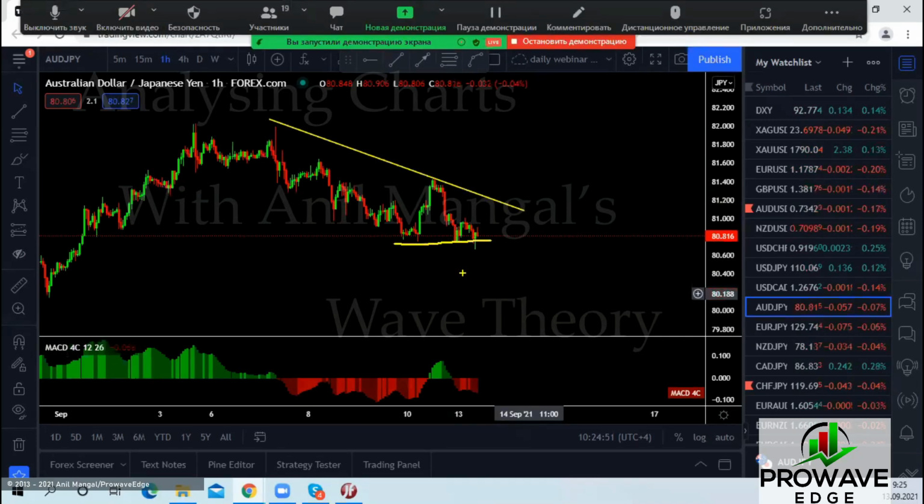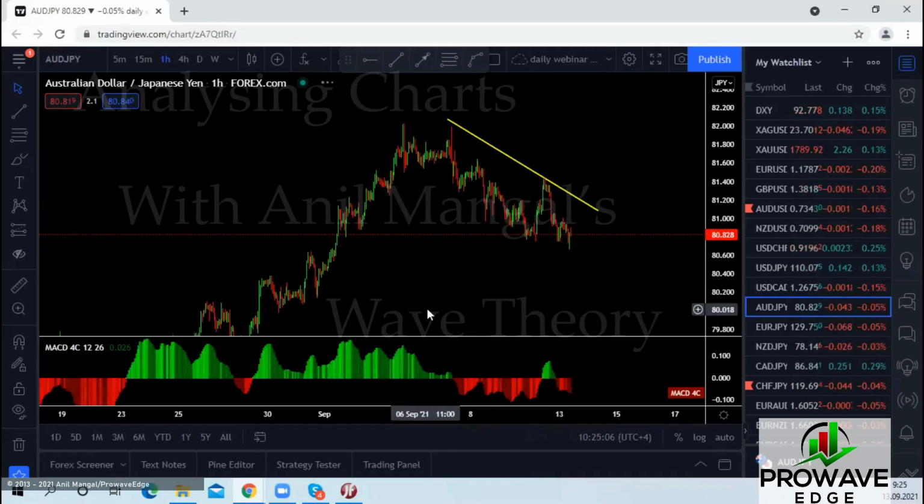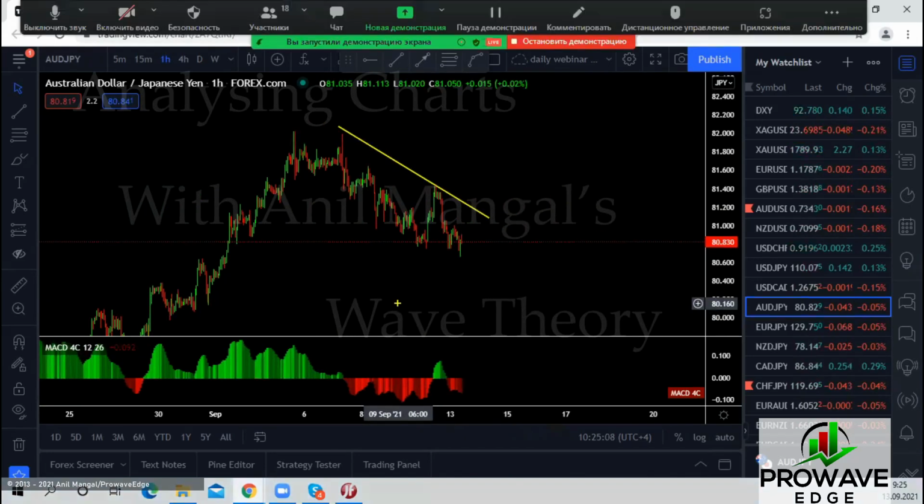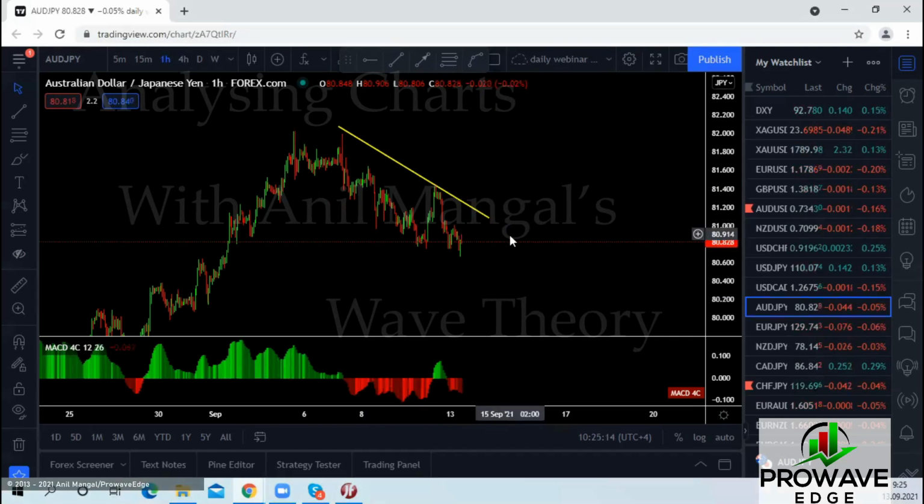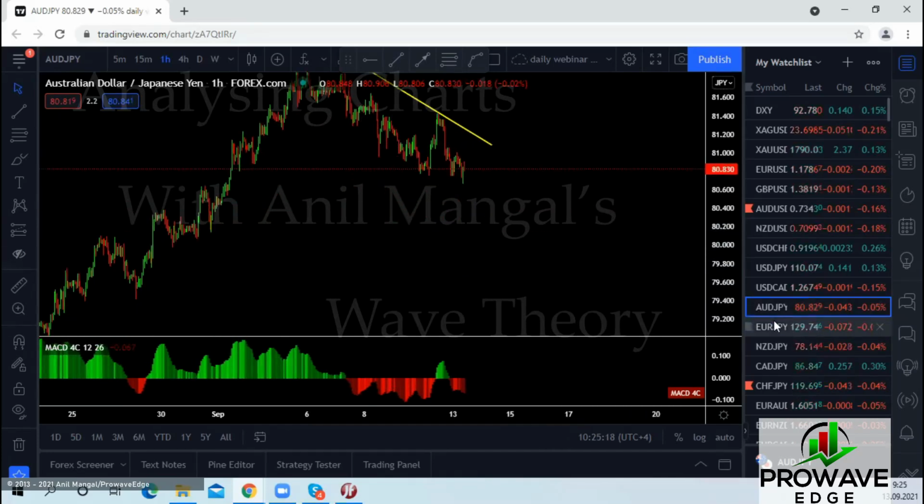So there's no sense to sell in the break of the low. If you wanted to sell, you had to sell earlier. Let this drop, make flags under the low, and then we will sell, if it is going to continue to go down more. There is no buy setup. The buy setup, if this is going to go up from this point, it will have to come here, make a flag, and then it will be a buy setup. So it's a consolidation downwards or a correction downwards, whichever you want to call it.